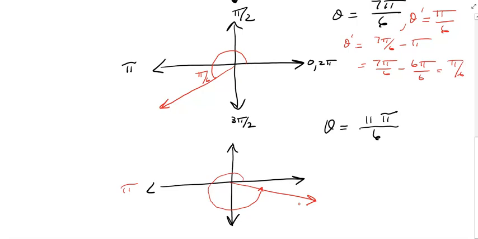That's how you want to think about it. To get theta prime, I would have to take 2 pi minus 11 pi over 6.